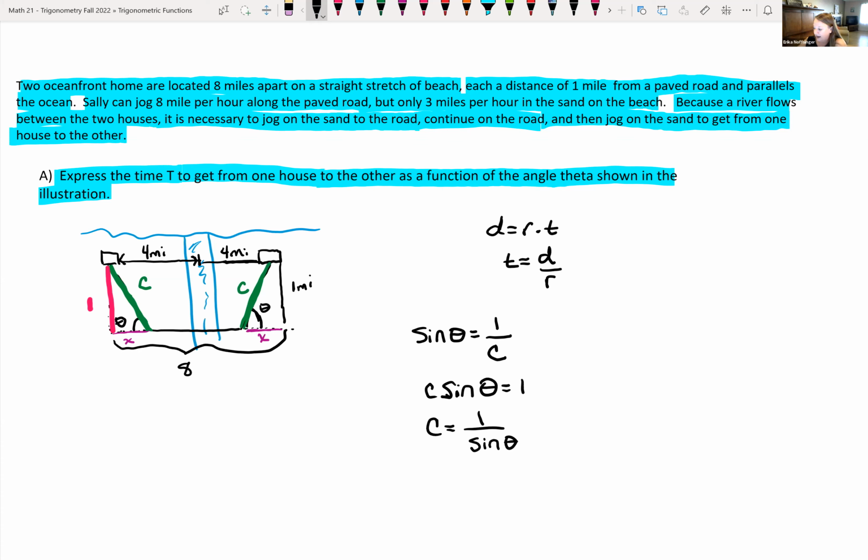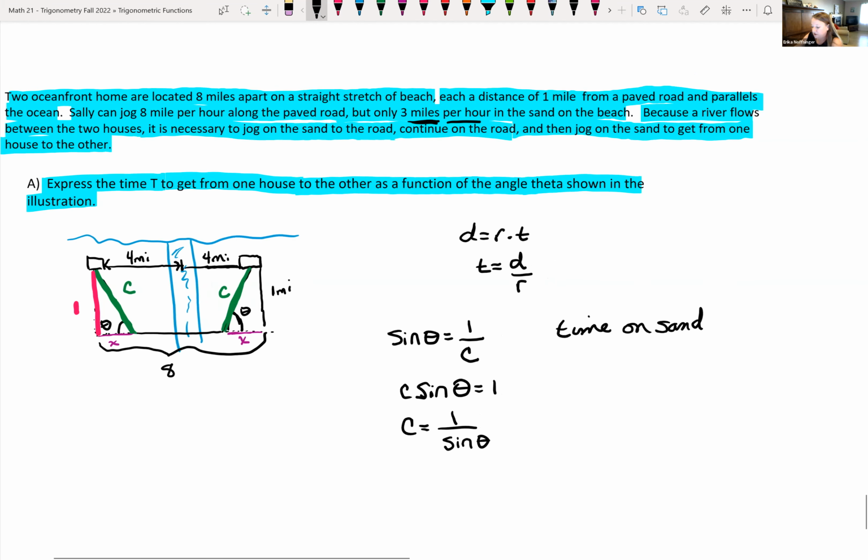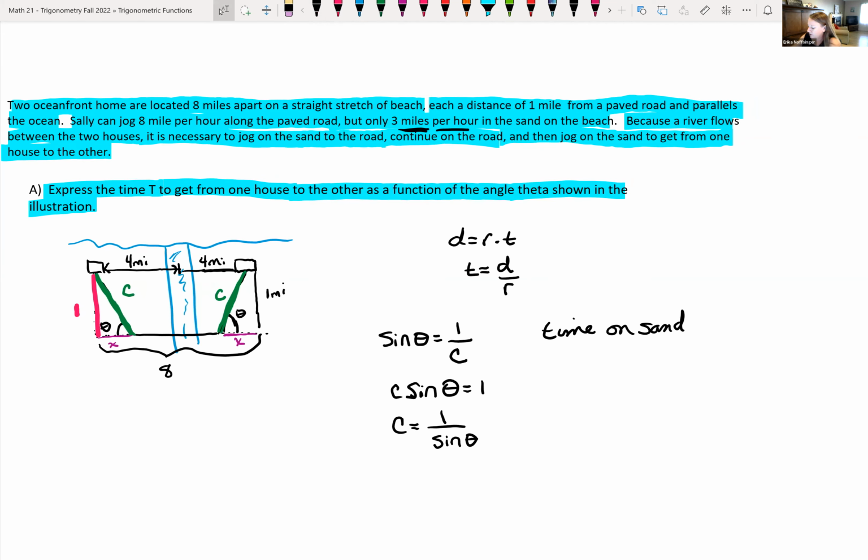Running on the sand, she can only run 3 miles per hour, and C is our distance. So our time on the sand is equal to the distance, which is 1 over sine theta, all divided by the rate, which is 3 miles per hour.